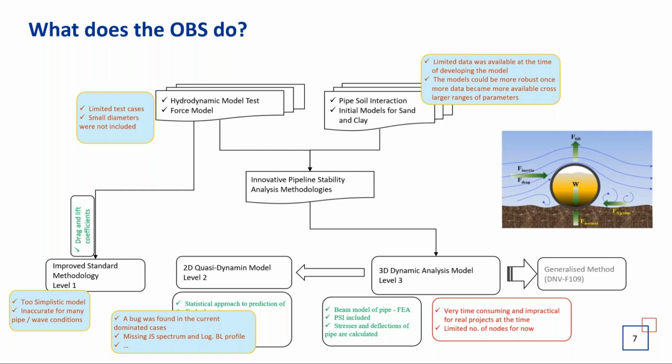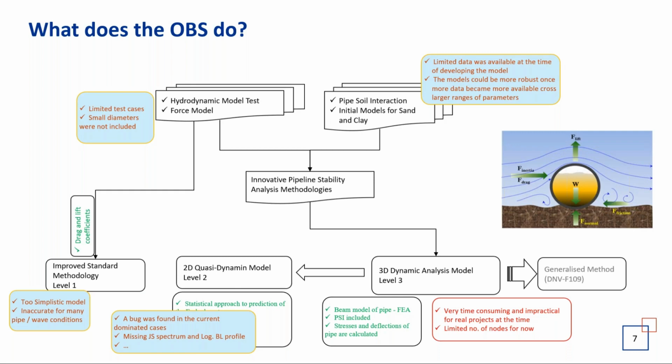There was found, especially level 2 being most frequently used, they found a bug in there, and also the original spectrum was Ochi-Hubble, which then they moved on to John Swab spectrum, became more popular, which was not in there.